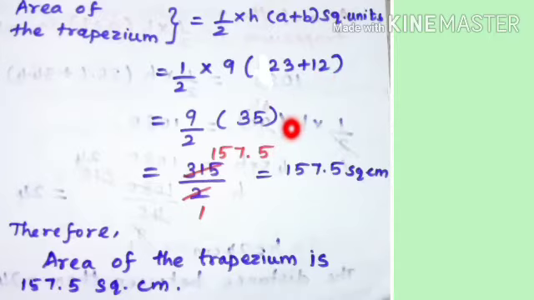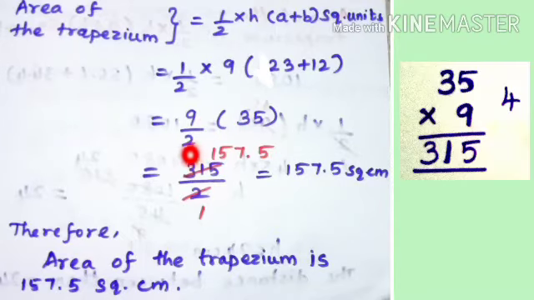Now in the next step, by using BODMAS, we have to do the calculation within the bracket first. So here 23 plus 12 is 35. So we get 9 into 35 divided by 2. Now 9 into 35 is 315, that is, we have to multiply 9 with 35.